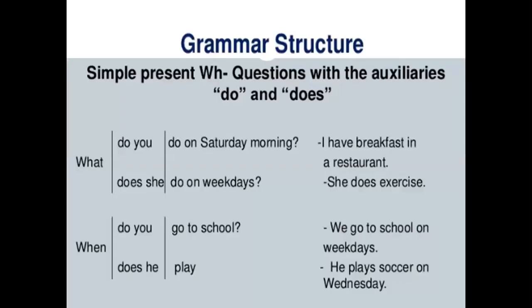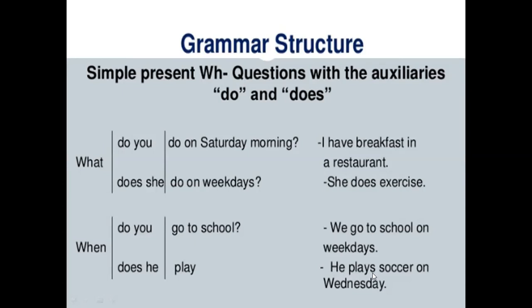Before that, to sum up everything: when the subject is singular, you have to add s to the verb. For example, he plays soccer on Wednesday. He is singular here, and we have to add s to the verb.